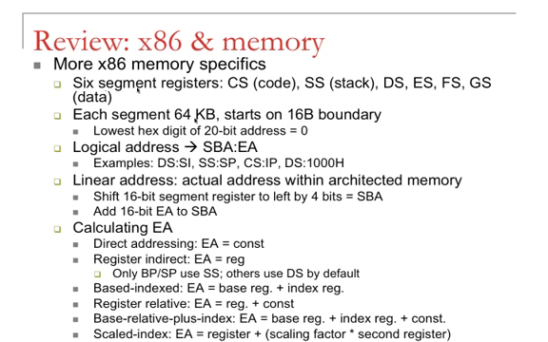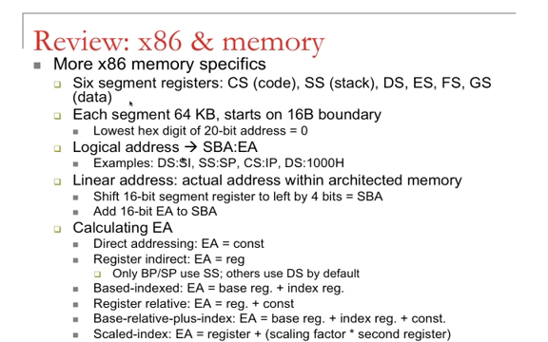Each segment has 64 kilobytes, and all the segments start on a 16-byte boundary. That is to say, the lowest hexadecimal digit of a 20-bit address is a 0. And that's the effect when we shift the segment base to the left by 4 binary bits.